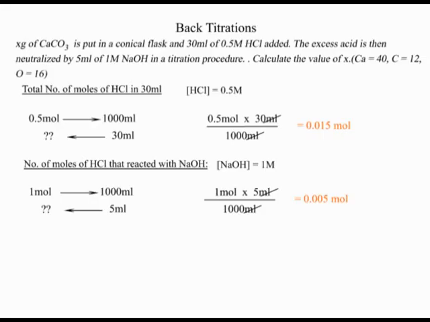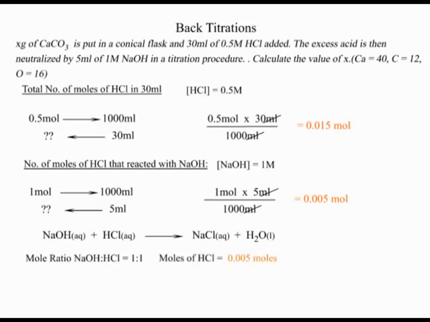Now we find the number of moles of hydrochloric acid that reacted with sodium hydroxide. We get the mole ratio from the chemical equation. There it is. That is the chemical equation. The mole ratio is 1:1, and therefore the moles of hydrochloric acid is also 0.005.